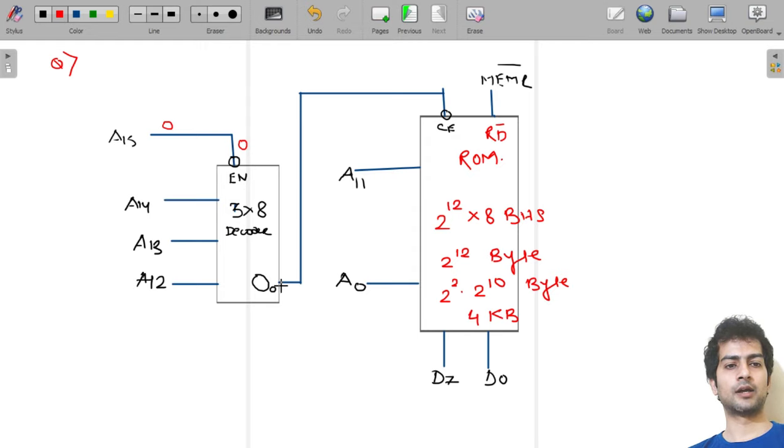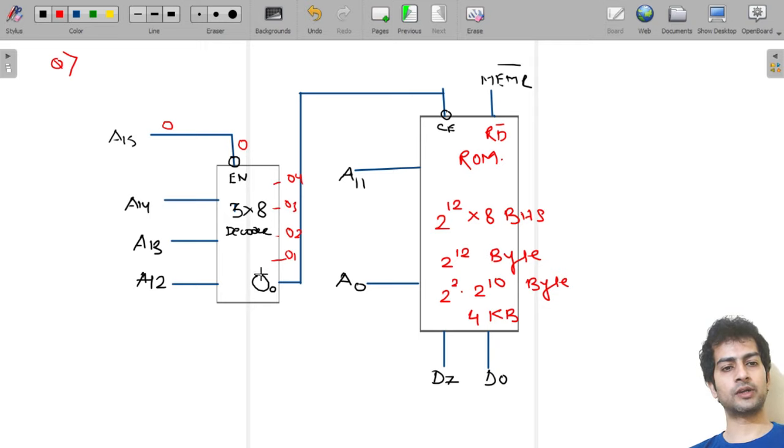Now, O0 is coming here. To enable this, O0 has to be energized. So how can we energize O0? See, this is O0. Suppose this is O1, O2, and this will go on, O3, O4.